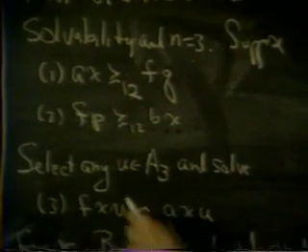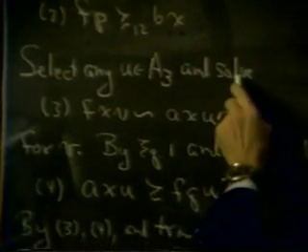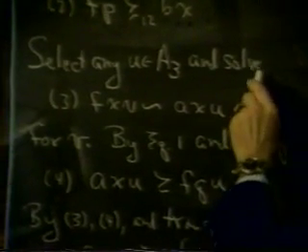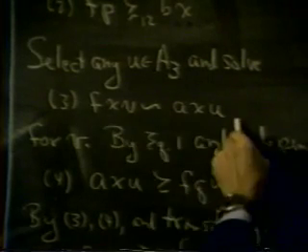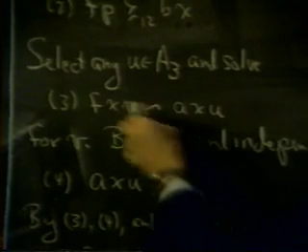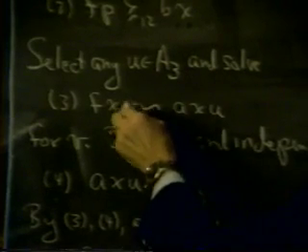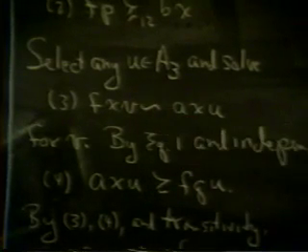Now, select any element U in the third component and solve, and here's where unrestricted solvability comes in, solve for V in this equation. You'd have FX and AXU, all of those are known, and now you solve for this V here to make an equality.